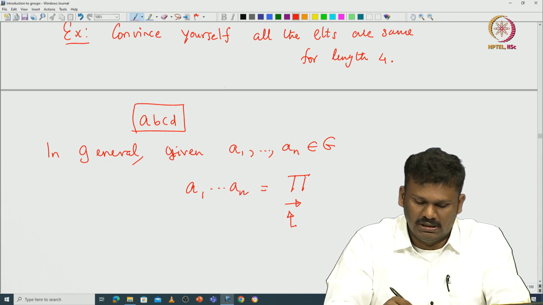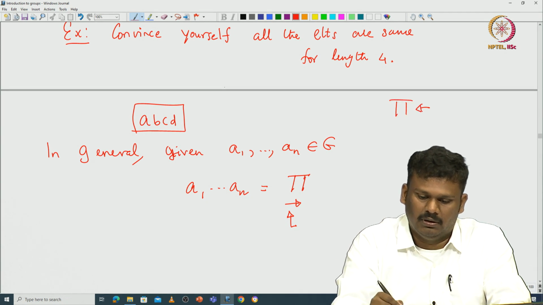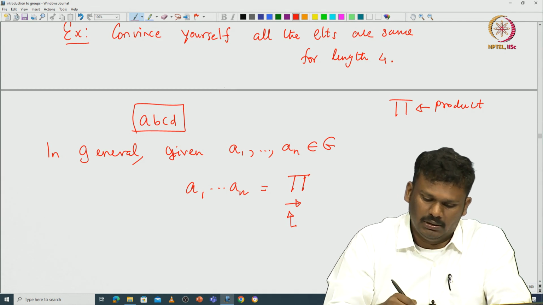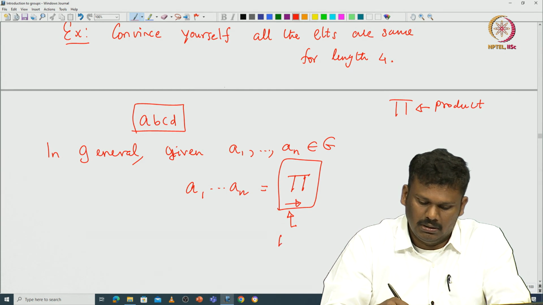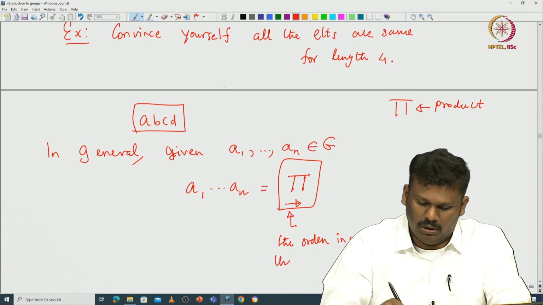This is a symbol for product, and when we put an arrow like this, it means the order in which the product is taken matters.